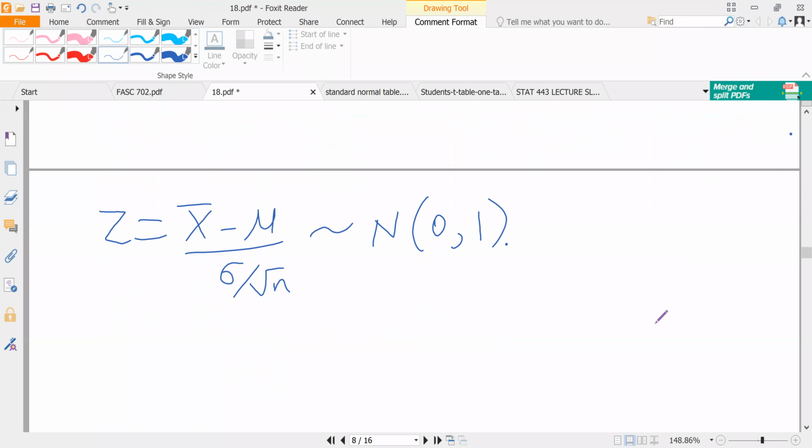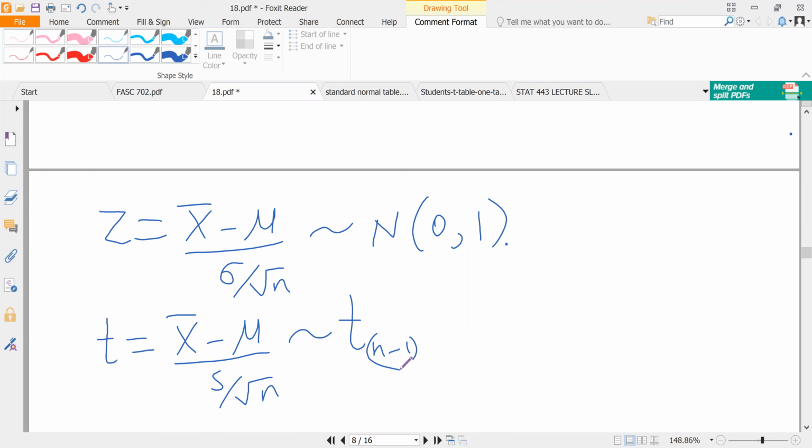We also saw another test statistic T, equal to X bar minus mu all over S divided by root n, and this one has a student T distribution with n minus 1 degrees of freedom.